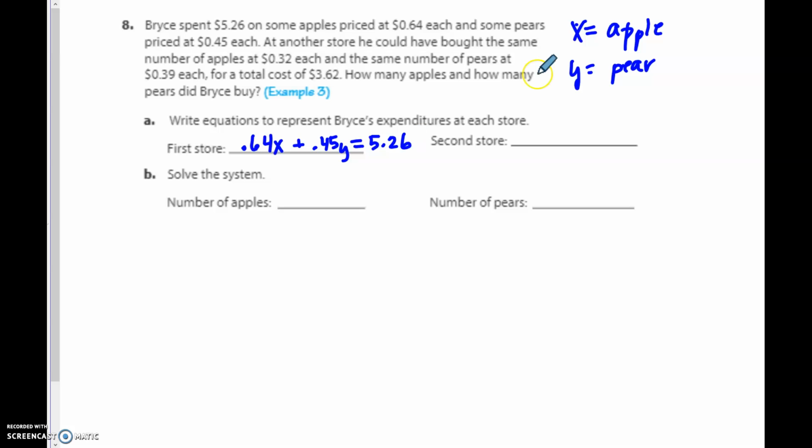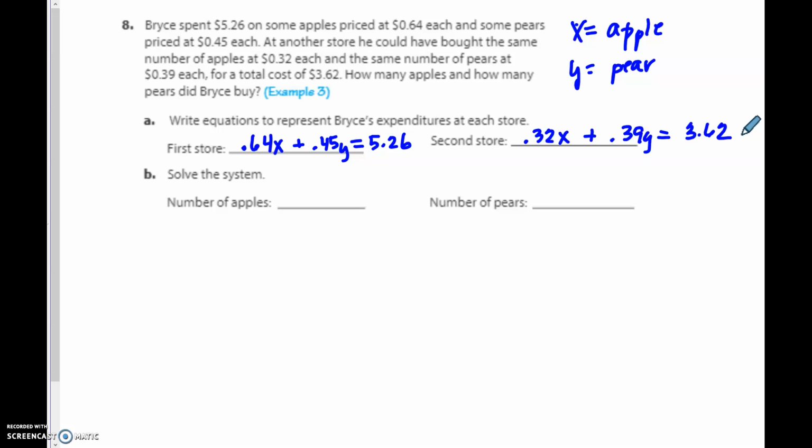At another store, he bought apples at 32 cents and the same number of pears at 39 cents, and here he spent $3.62.